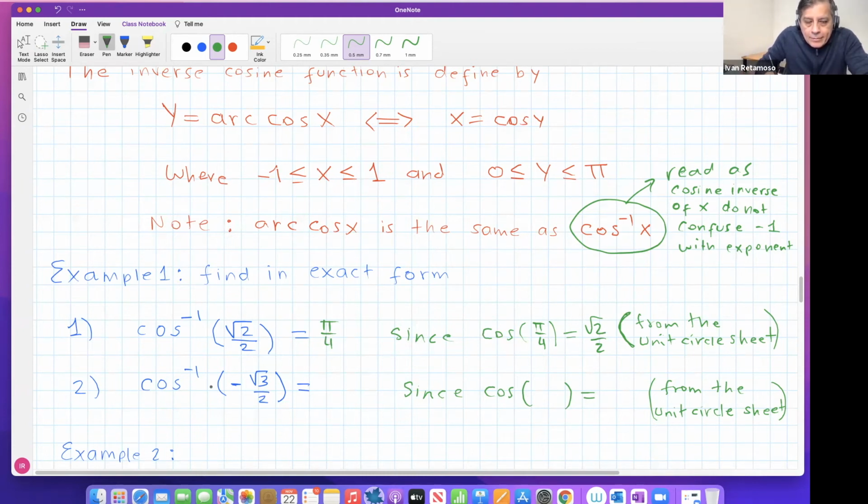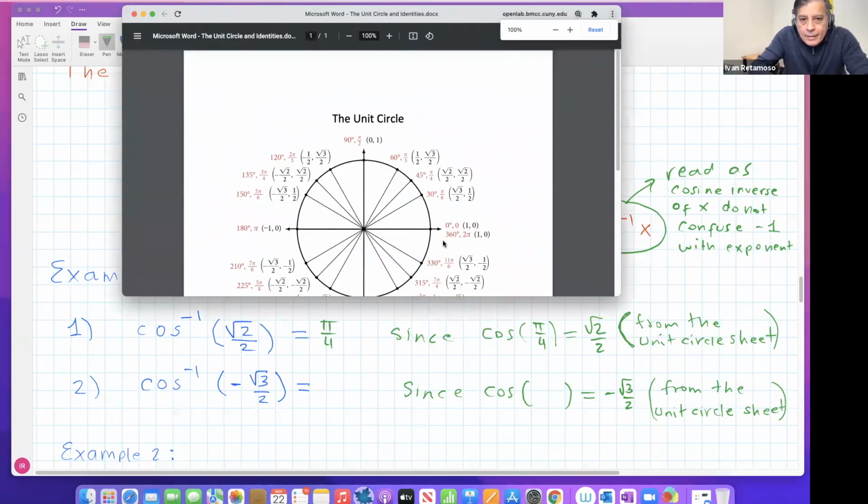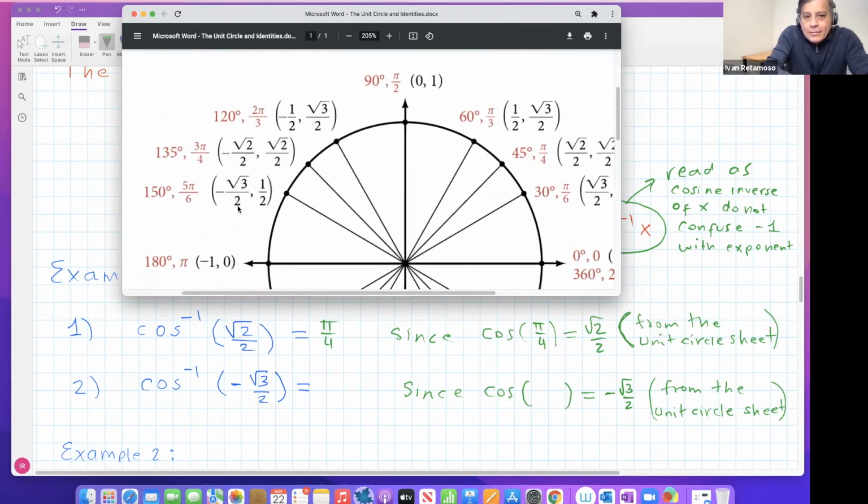Here's another one. What should be the cosine inverse of negative square root of 3 over 2? Well, I have to find an angle whose cosine is this guy, negative square root of 3 over 2. It's a tricky one, so I'm going to go back to the unit circle and look for an angle whose first coordinate is this, right? Look through first quadrant, second quadrant. Here, I found one. Negative square root of 3 over 2 is the cosine of this angle.